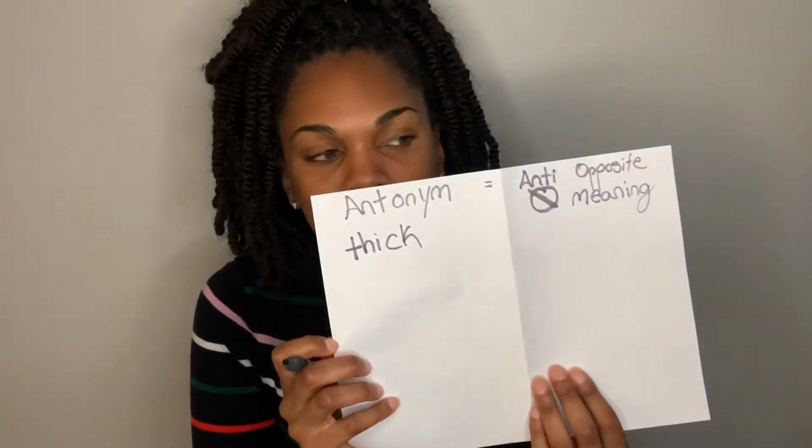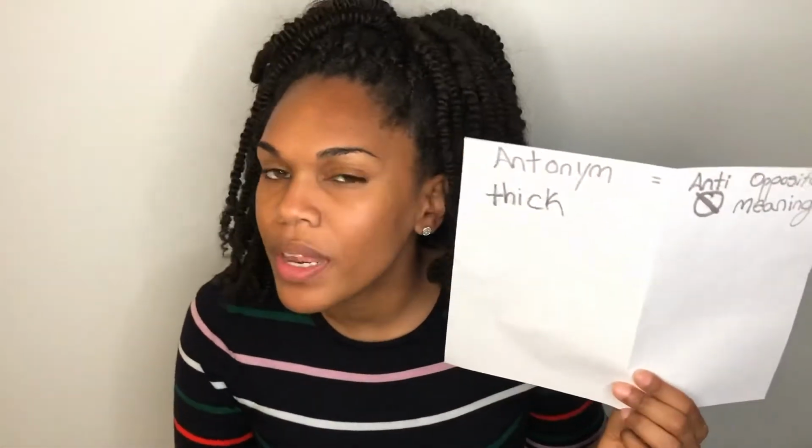All right, so our first word we're gonna think about today is the word thick. So you're going to write the word T-H-I-C-K. Thick. When I think about the word thick, I think about how I love to make brownie batter.